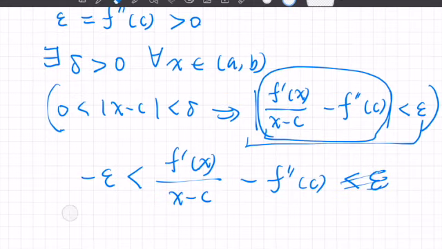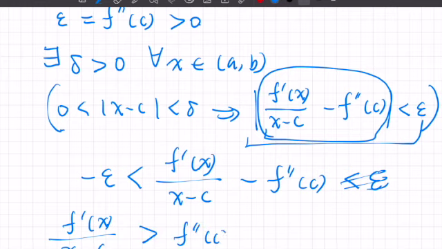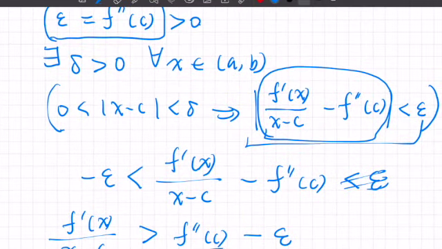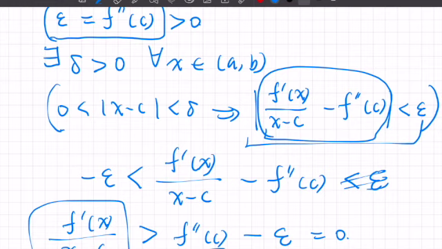So just from the first inequality, we have f prime of x over x minus c is greater than f double prime of c minus epsilon. However, the definition of epsilon was this, so this is epsilon. That means this is equal to 0. So this quantity f prime of x over x minus c is positive.